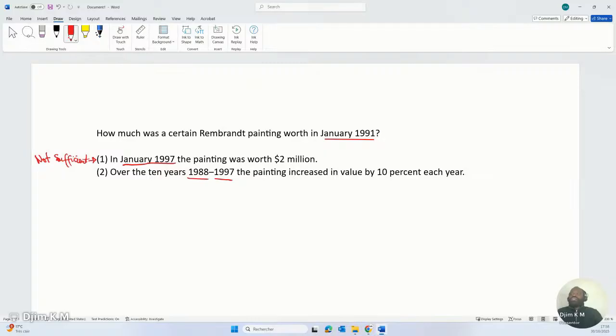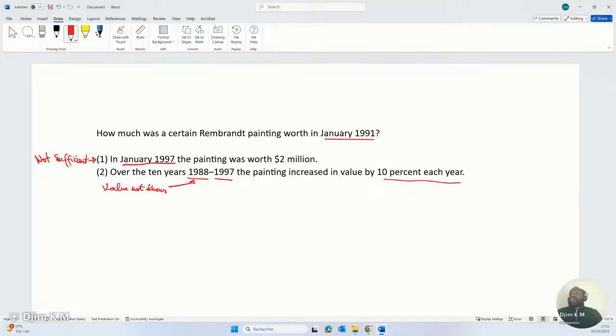If we look at condition two alone, the only information he has given us is that the painting has increased in worth by 10%. But we don't know the value of the painting in 1998, value not known.